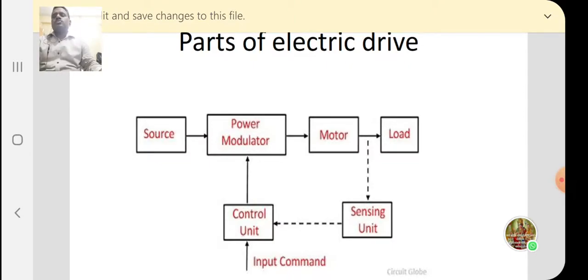Through the motor, the output is a mechanical load.